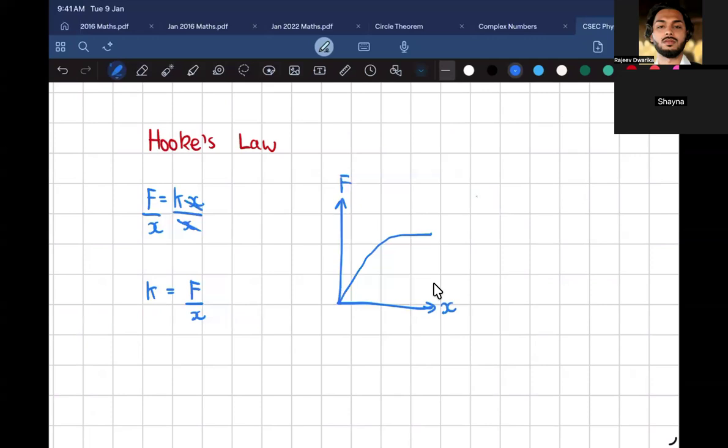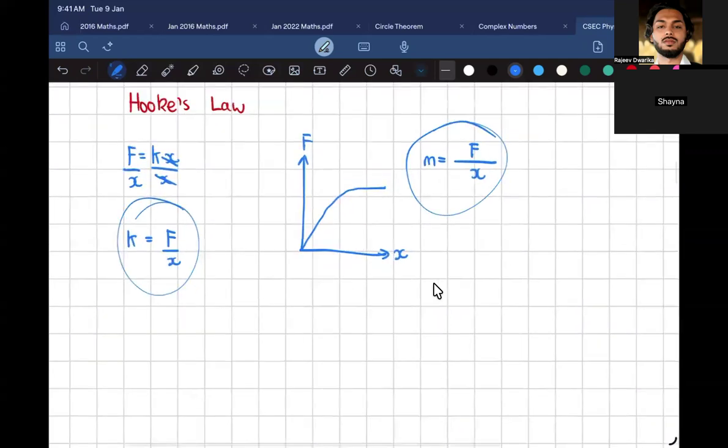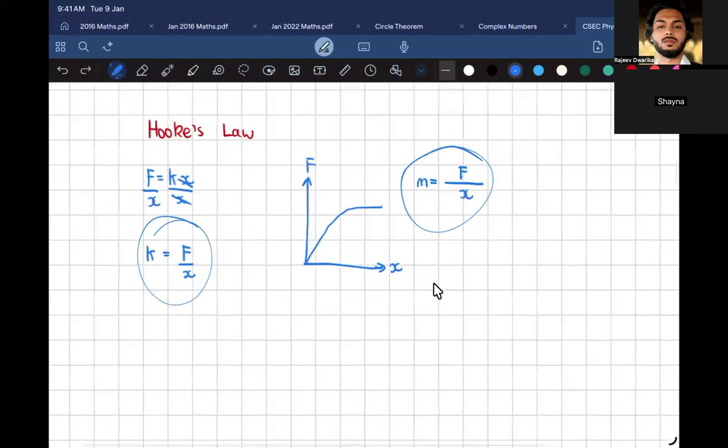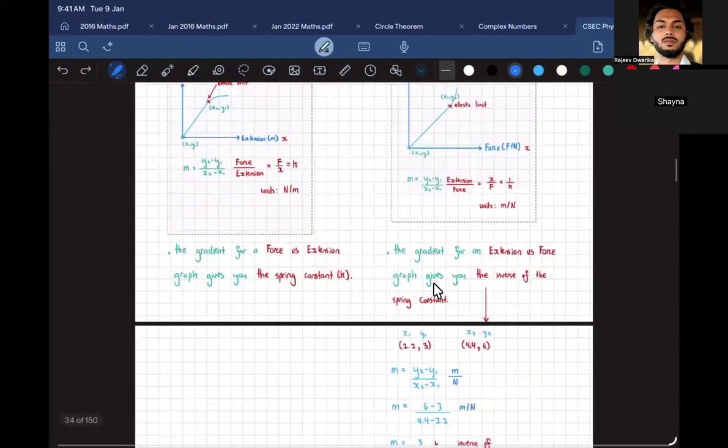Remember, gradient is y2 minus y1 over x2 minus x1. The values for the y-axis would be force, so it really would be force over the extension. And hence we see that it's the spring constant.